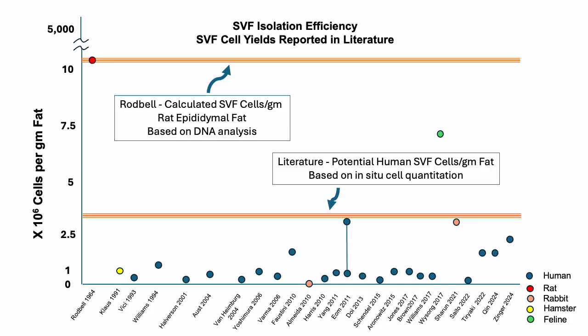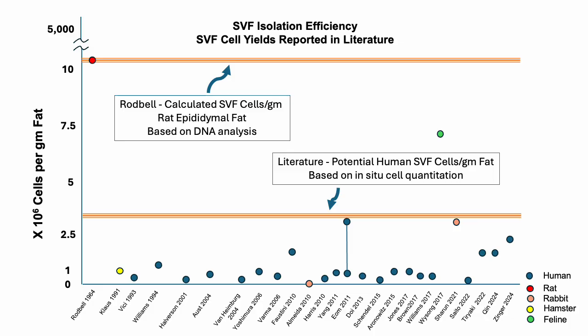I also give you a bar here, which is what I consider the literature bar, the potential human SVF cells per gram of fat. And this is based on in situ cell quantitation, where investigators have taken a piece of fat, sectioned it, and then determined on a volume basis the number of cells per volume of fat that has been evaluated, and you get around 3.5 million cells per gram of fat as the potential yield of SVF from a gram of fat.